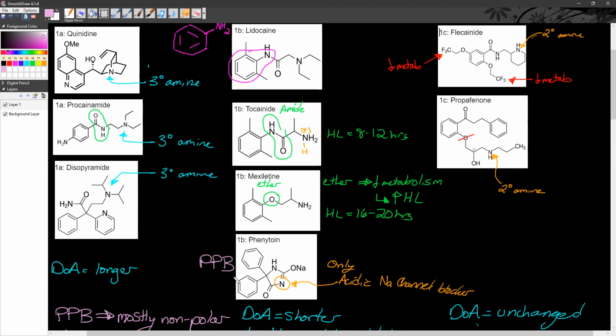phenytoin is one of them, because even though we have this nice NH bond here, we still have two giant benzene rings. The other one to consider is quinidine. Even though quinidine has this OH bond, we still have two giant benzene rings, as well as a huge ring over here, witch's hat. So quinidine is also highly protein bound.